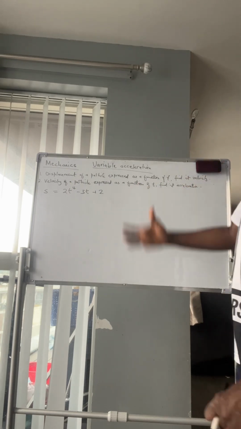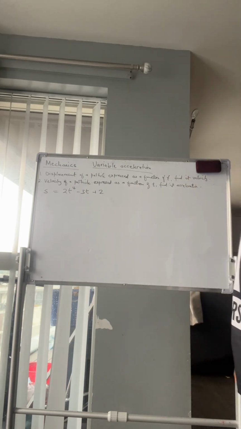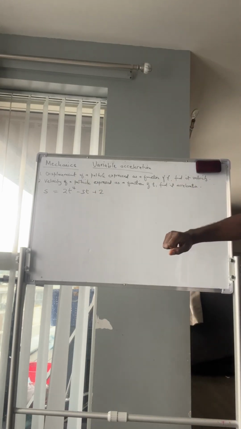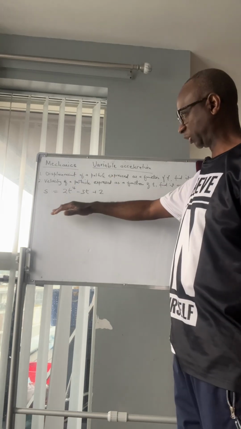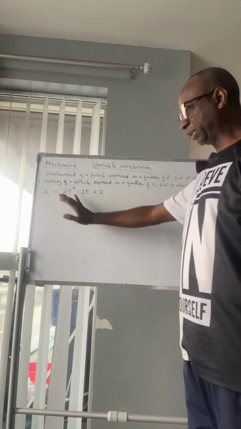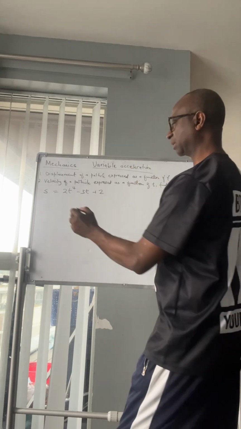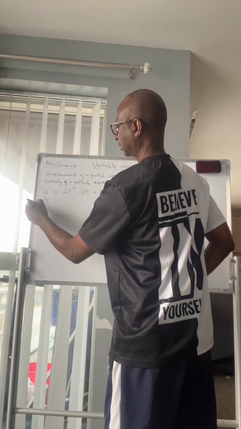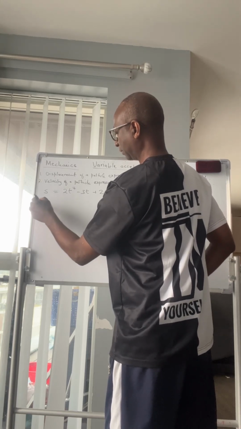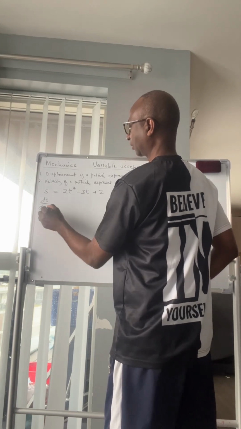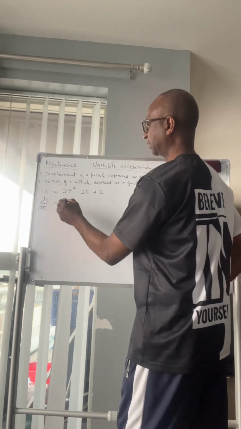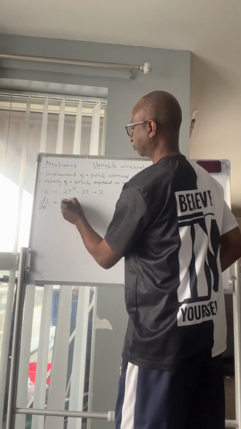So what is its velocity? You are given the displacement of this particle, for example, and how do you define its velocity? The rate of change of the displacement will give you the velocity. What that means is, if you now differentiate s with respect to t, ds/dt, this will give you the velocity of this particle.